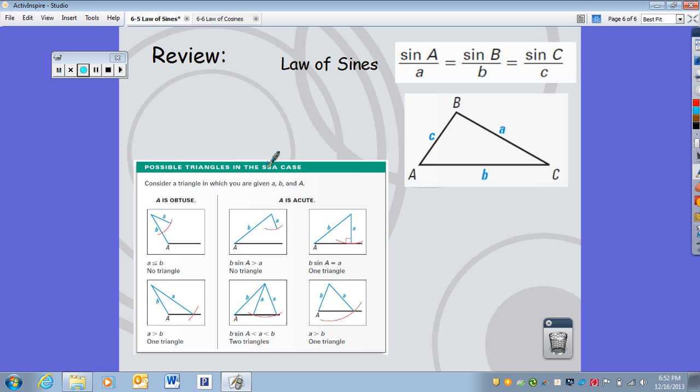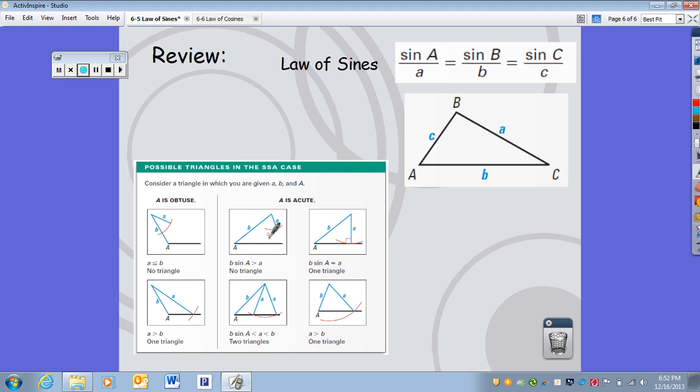If we have side-side-angle cases, make sure that you check if the angle you are given is an obtuse angle. Please check that the side opposite of that angle is greater than the other side given to you. If not, it is not a triangle.